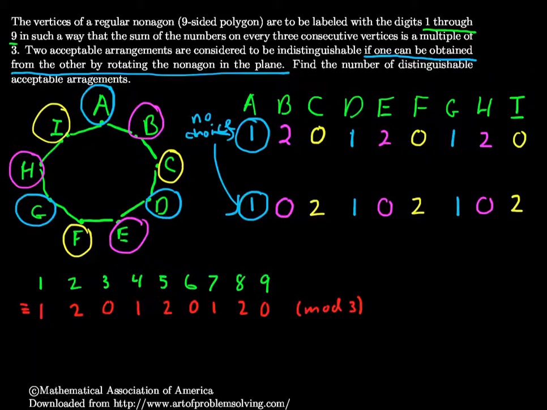And here's what we're going to do with this. I have no choice here, so I only have one choice for this, the number 1. But I have 3 numbers that are 2 mod 3, so I have 3 choices for this, 2 choices left for this one, 1 choice left for this. Same with the zeros.